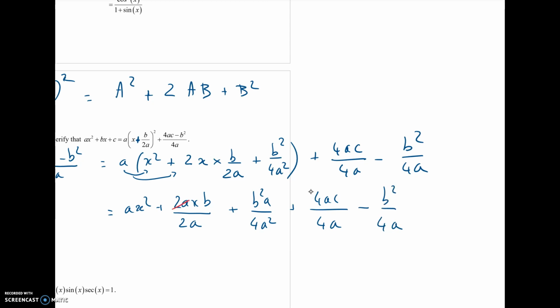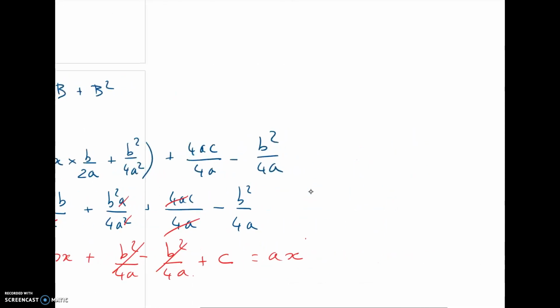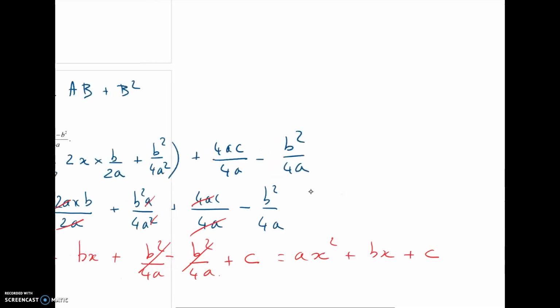I can simplify the 2a right here, I can simplify the a right there, and 4a can be simplified, so I end up with ax squared plus bx plus b squared over 4a minus b squared over 4a plus c. Simplifying, I end up with ax squared plus bx plus c, what I was looking for. So I verified that the right side of my equation was exactly the same as my left side.